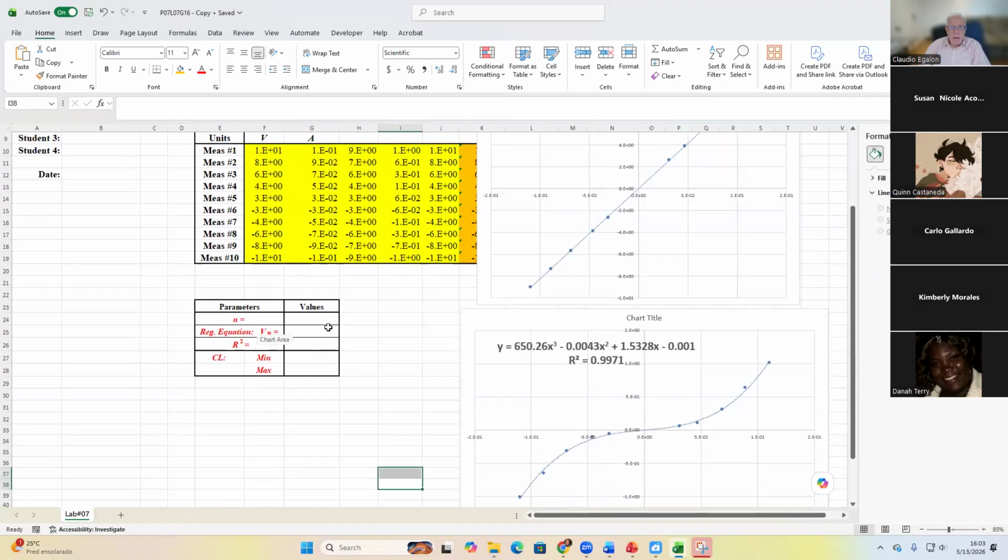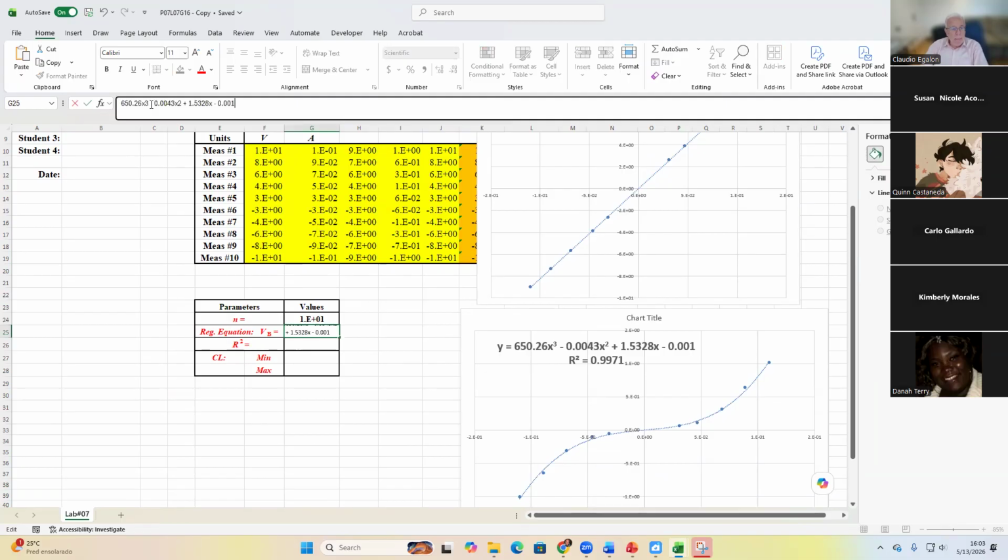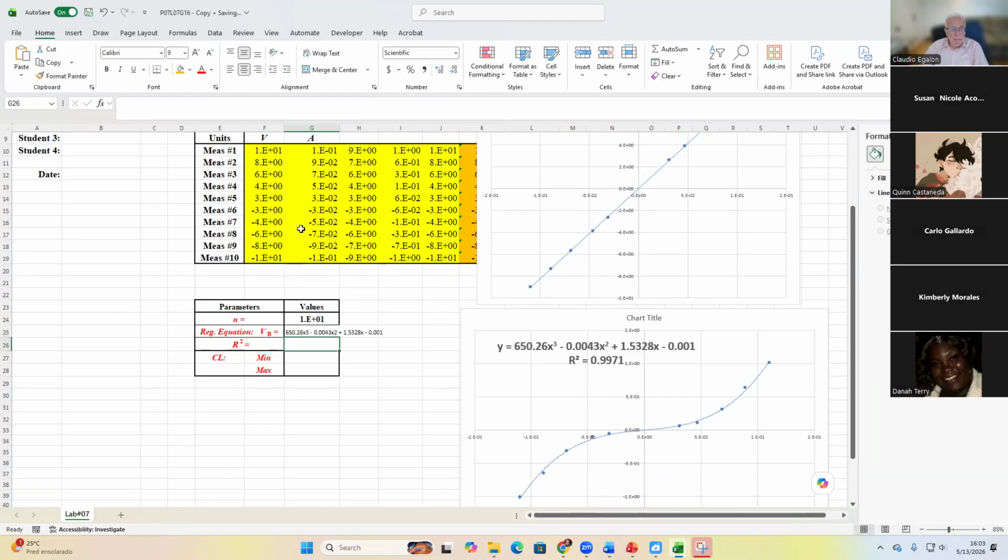You're going to put how many data points you have here. That's going to be 10 because we have 10 measurements. The regression equation, you're going to copy exactly what you have here. Let's see if we can paste. And paste, yeah. 650 x to the cube. The x in reality is the I, right?